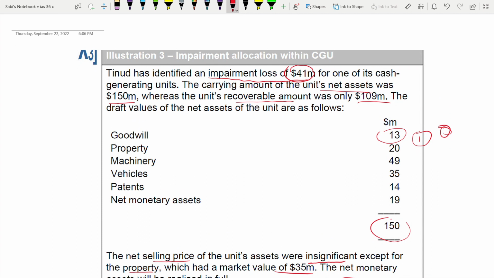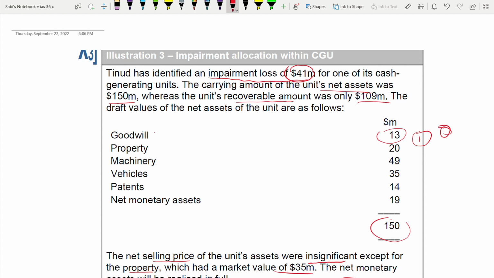So 41 minus 13. Goodwill will be nil, but the balance, when you deduct the 13 from 41, the balance of impairment loss will be allocated for the other assets in proportion to their carrying amount. Now we'll go one by one.